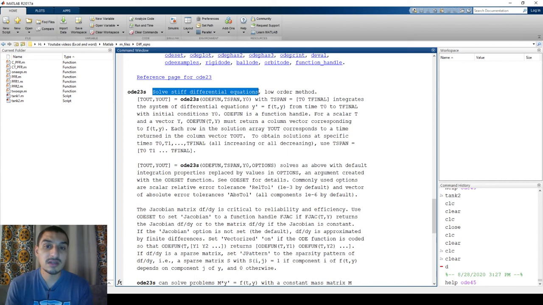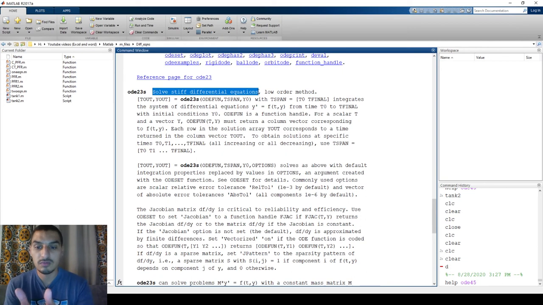In the normal cases, there is no problem going from one point to the other. In stiff differential equations, it might be difficult to go from one point to the other. You might get a very big difference in the values. It might be like shooting up or shooting down. The function itself is not easy to track. So in this case, you need to go with closer points.